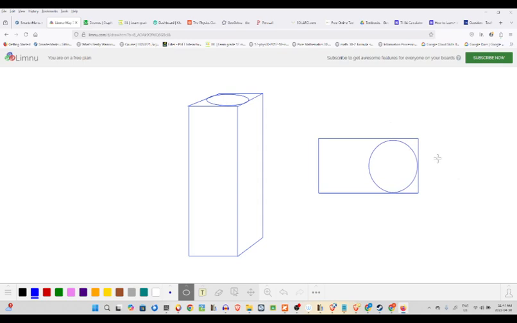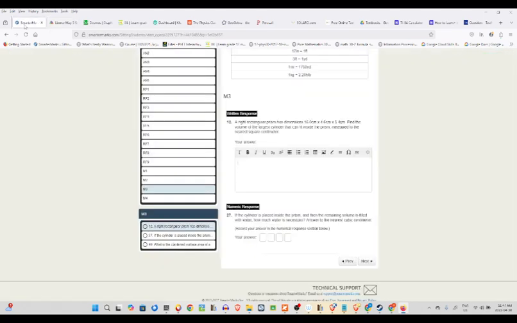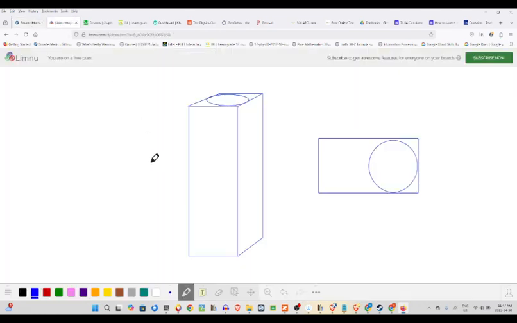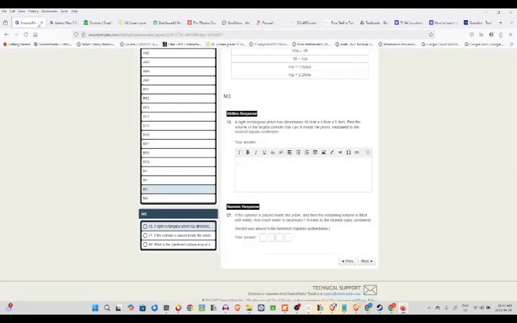We'll have a perfect circle that fits inside. So if we want the biggest one possible, in this case, the height of our prism was 16.0 centimeters. We'll make that the longest dimension. Now our top is going to be 4.6 times 5.4.